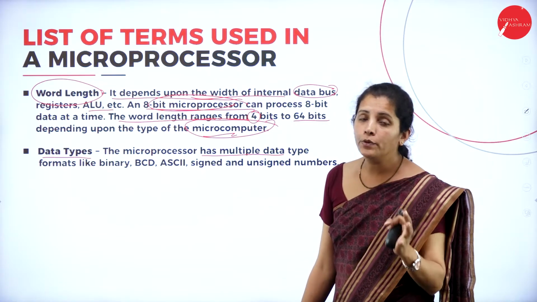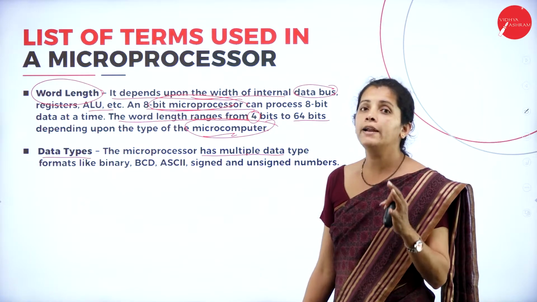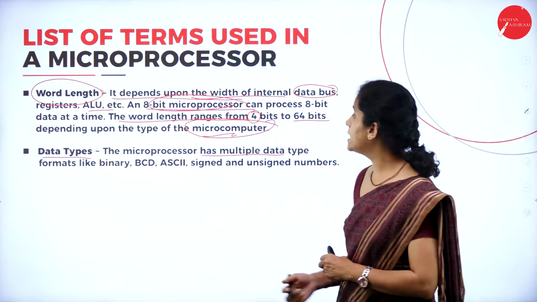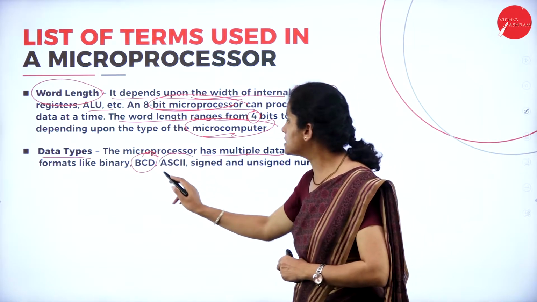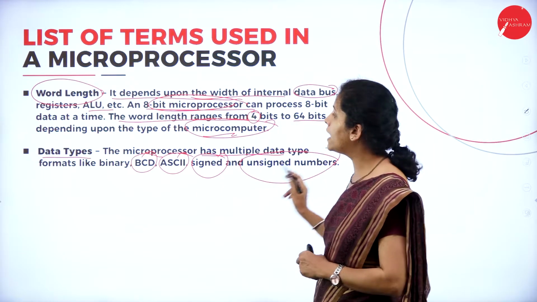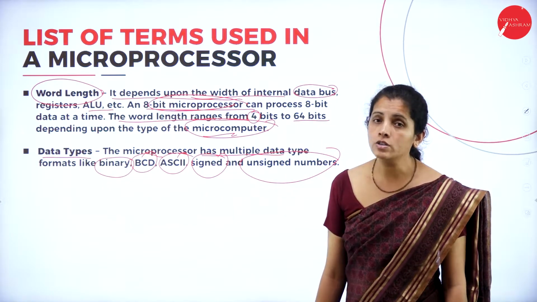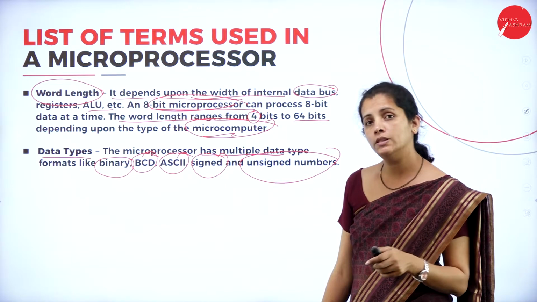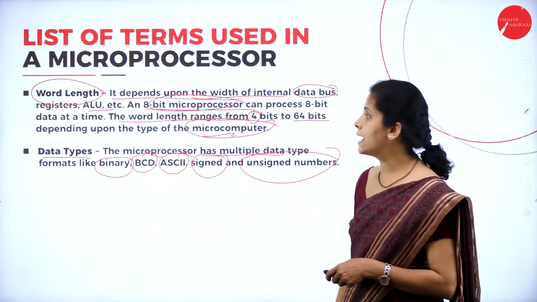What kind of data types can I have here? That is binary coded decimal, ASCII, signed or unsigned numbers, along with binary numbers, because the computer understands only binary values, that is 0 and 1s. That's nothing but machine language.